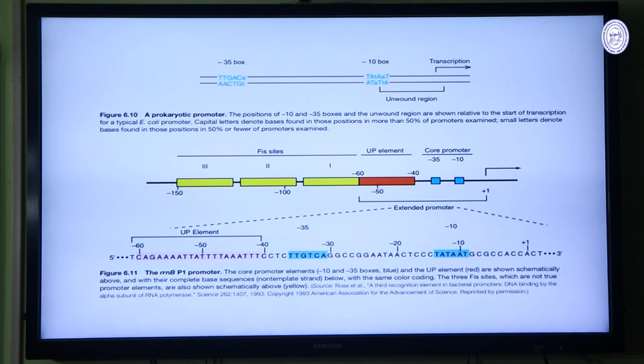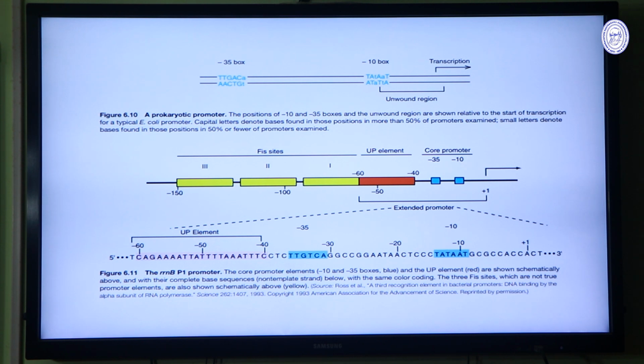You can see in the next part of the figure, the core promoter is designated by the blue box, the -10 and -35 sequences. Then from the region -40 to -60, there is another conserved sequence, we call it the up element.